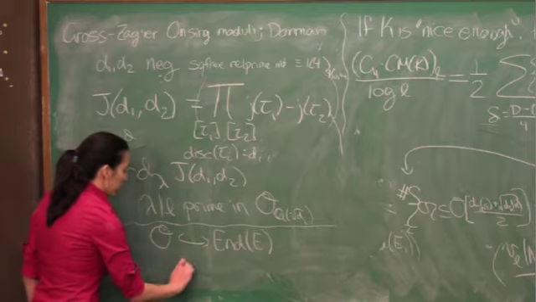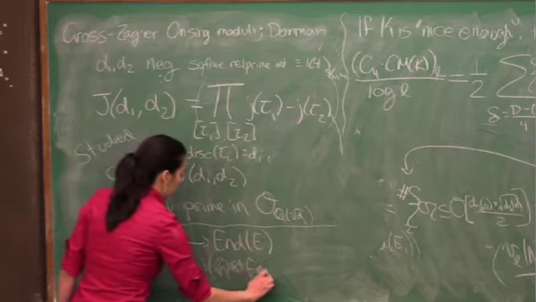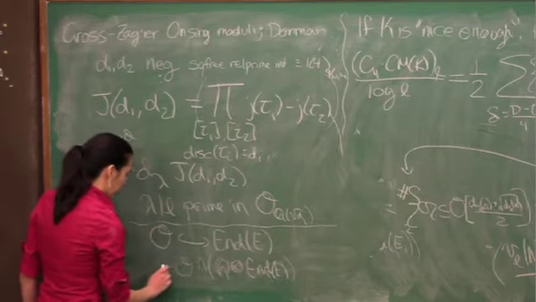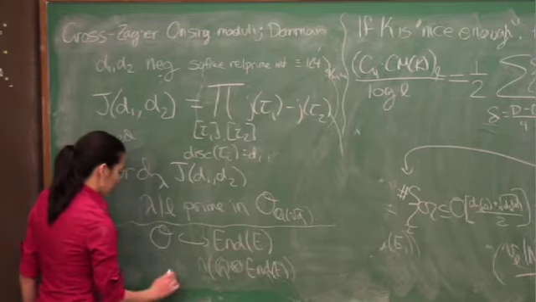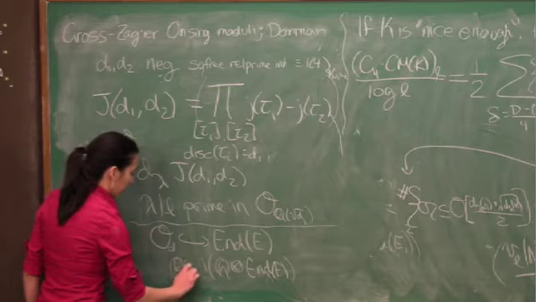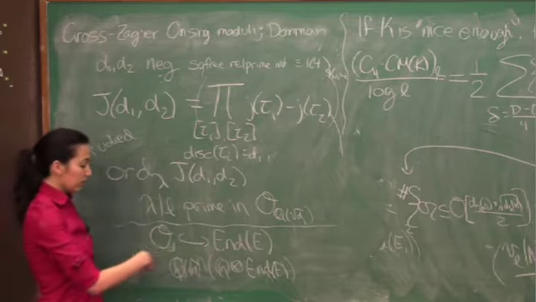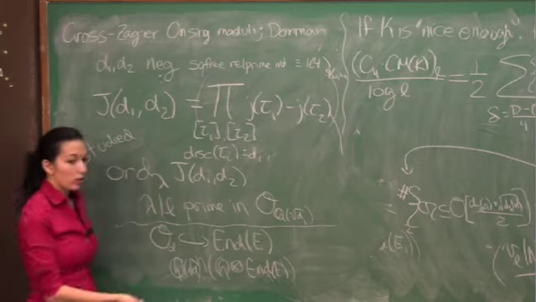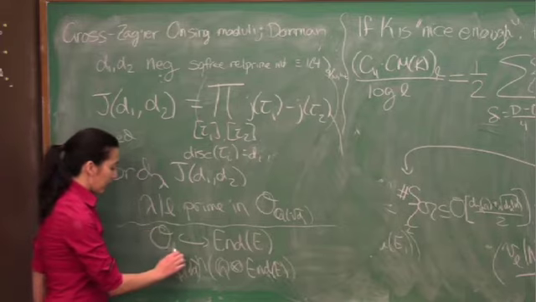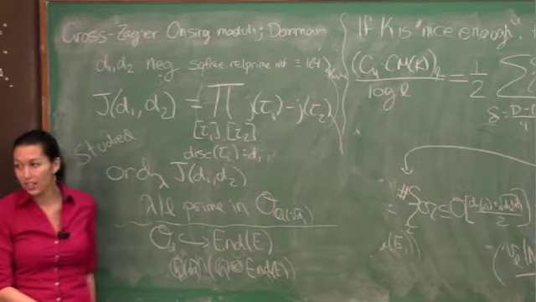Then you can look at the fraction field of O. You can take this embedding and tensor with Q on both sides, and you can ask, when you look at the sublattice inside of here, what's happening? Do you get the same sublattice on both sides?